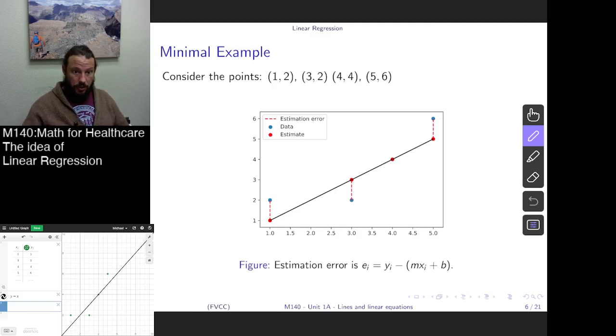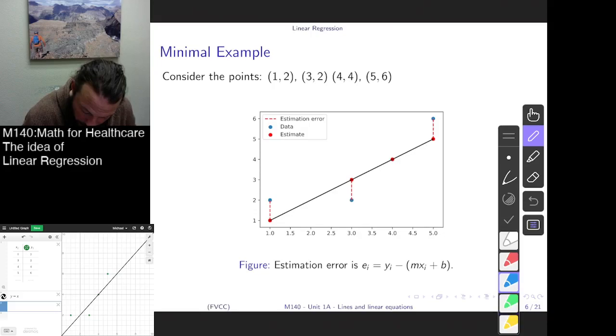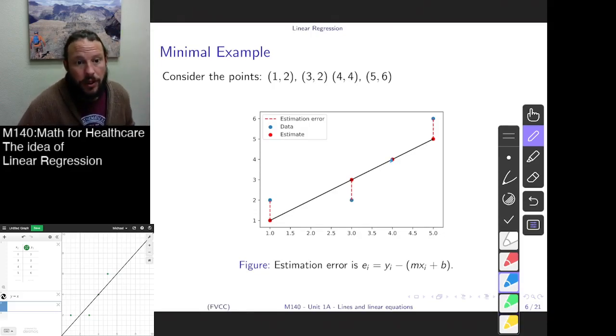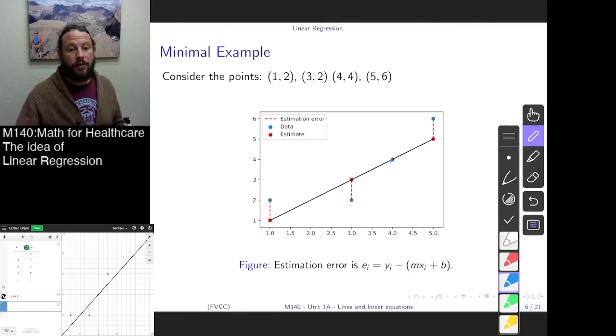And we want to look at that, and those are the blue points. There's a blue point here, blue point. The one red and blue is sitting on the line. The data's in blue, the actual, and then we have our estimate.